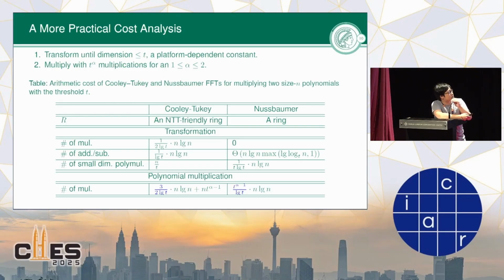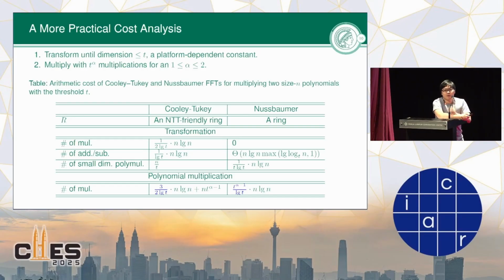After some analysis, we find that if we want to apply both approaches to polynomial multiplications, then the dominating term actually is a bit different by a certain platform-dependent constant.